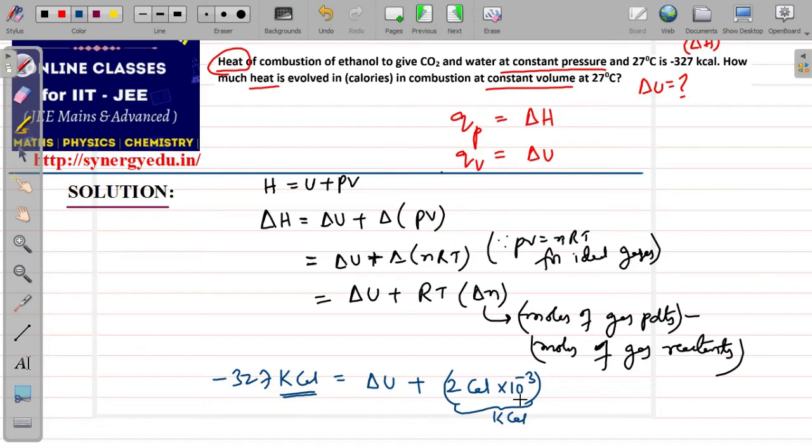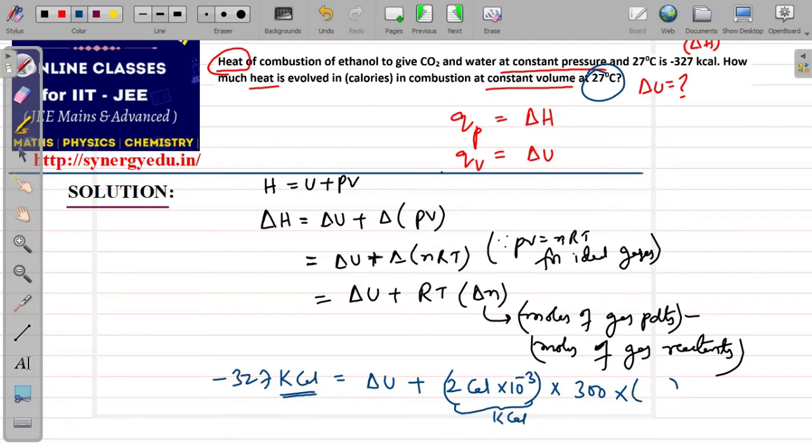Then only you can add them, otherwise you cannot add or subtract in any equation. This is multiplied by temperature, 27 degrees centigrade given in the problem, so you have to substitute in Kelvin, which is 300 Kelvin, multiplied by delta n. Delta n means moles of gaseous products minus moles of gaseous reactants.